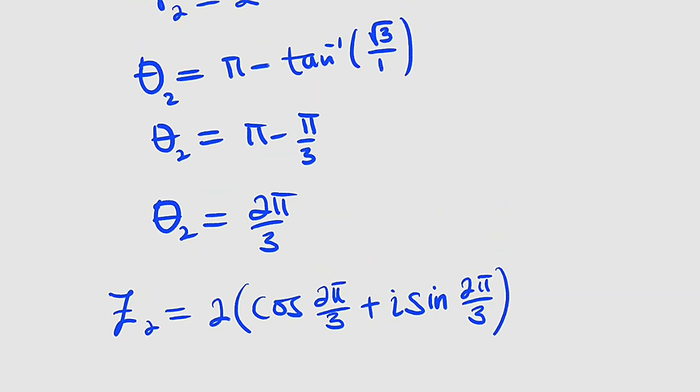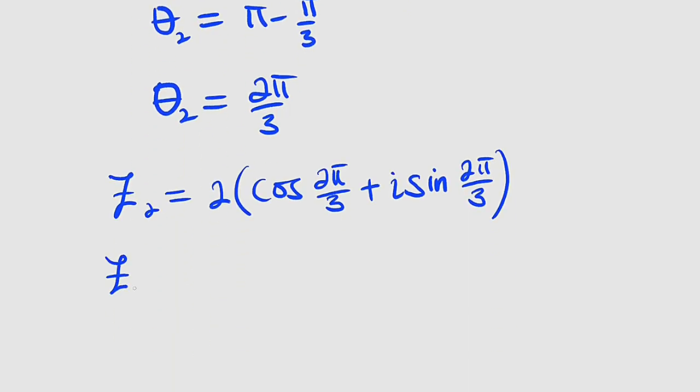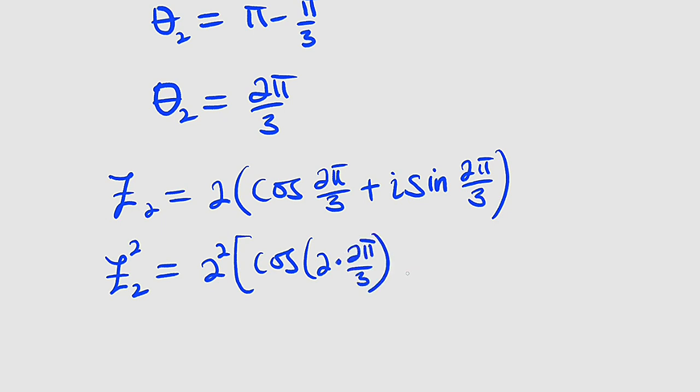But remember that our complex number is to the second power. So Z2 to the power of 2 is equal to 2 to the power of 2. Then multiply by cosine of what? 2 multiplied by 2 pi divided by 3. Then plus i sine of what? 2 multiplied by 2 pi divided by 3.